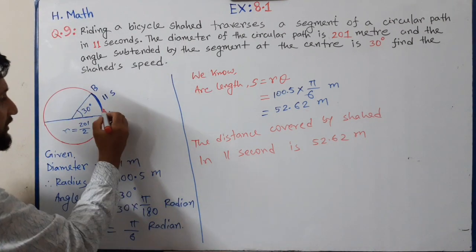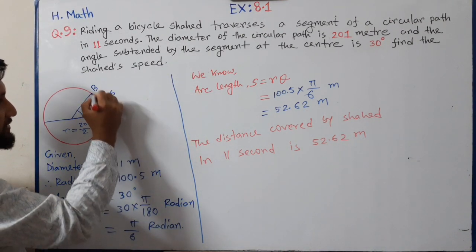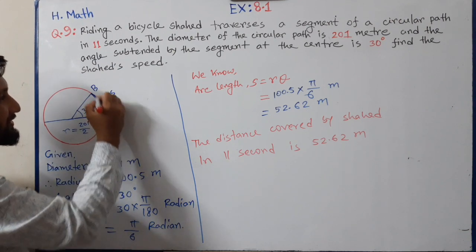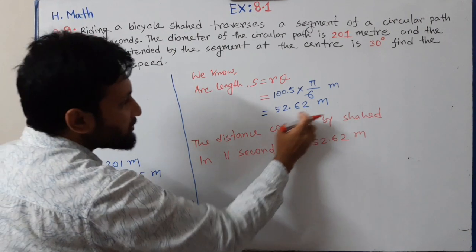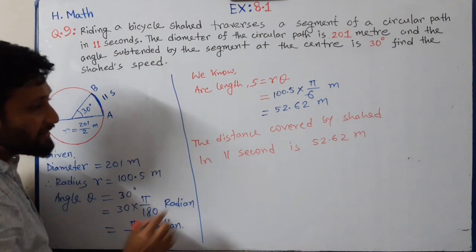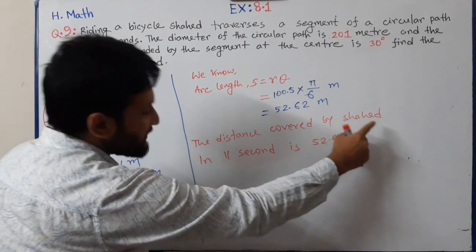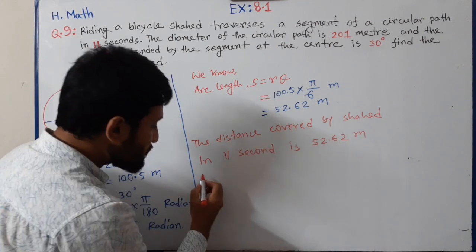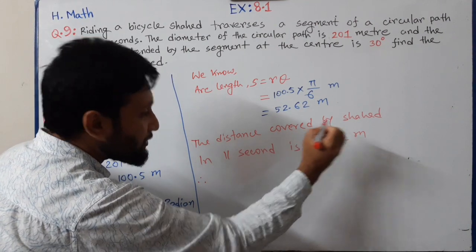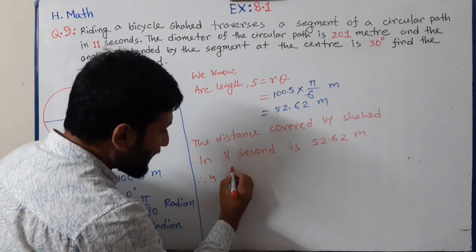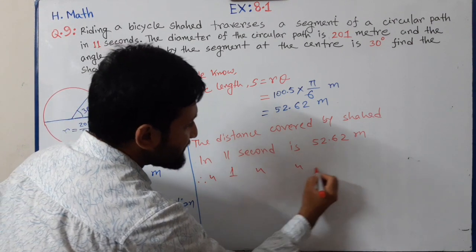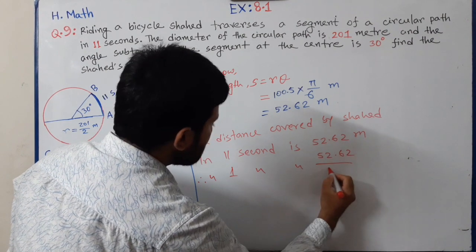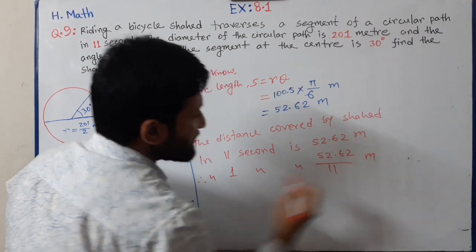Here in this figure, Shahid covered this distance in 11 seconds. So again we can write the distance covered by Shahid in 1 second is 52.62 divided by 11 meter.